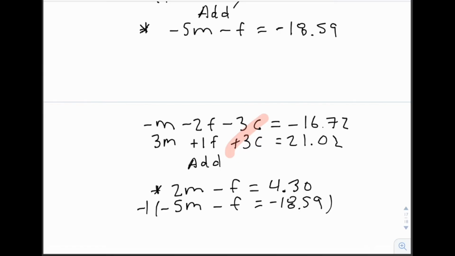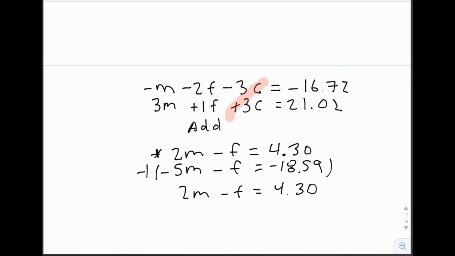So what will that give us? Well, we'll have 2m minus f equal to 4.30, but our bottom equation is now going to become a positive 5m plus a positive f, equal to a positive 18.59.